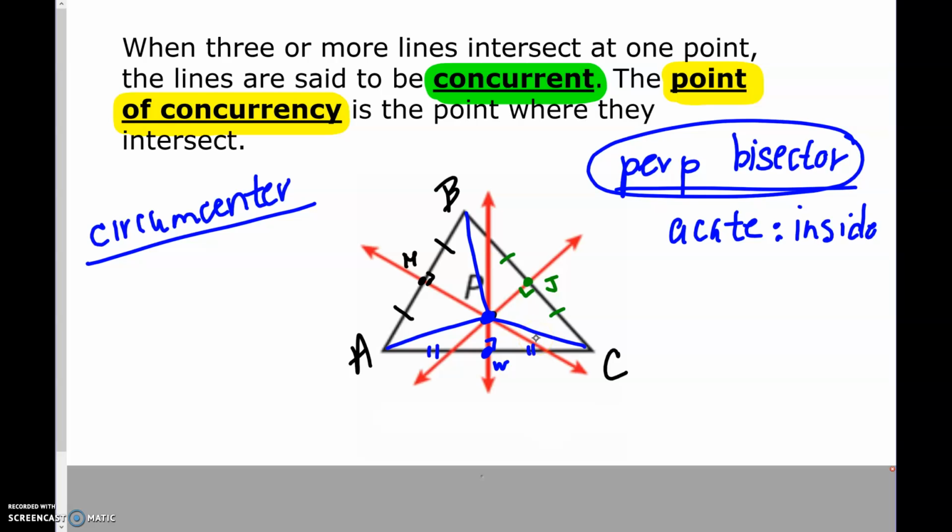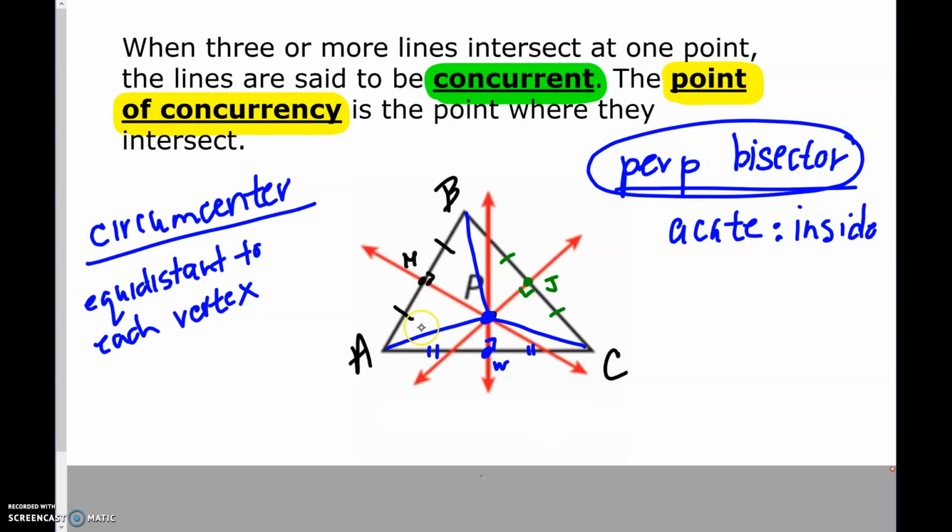So the circumcenter is equidistant to each vertex. It is equidistant to each vertex.